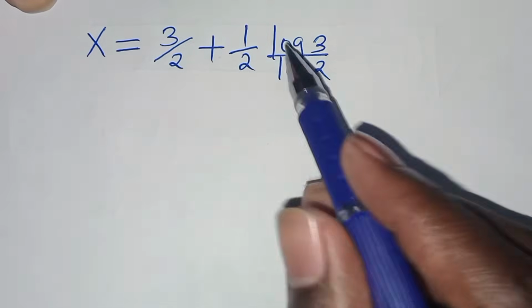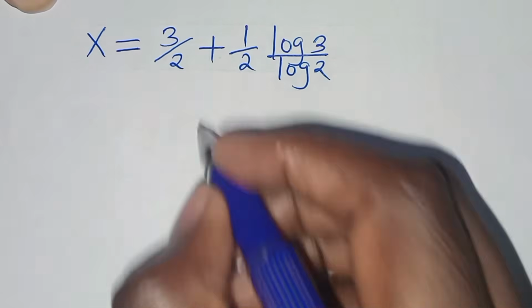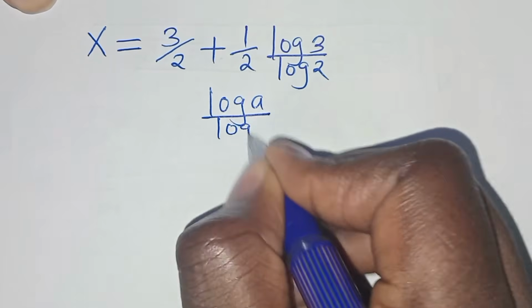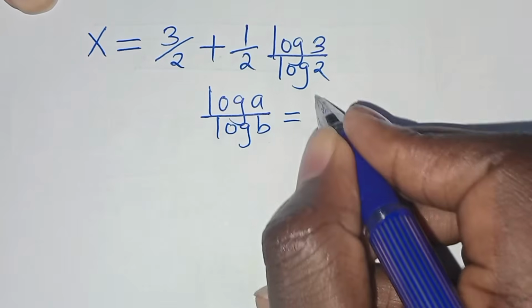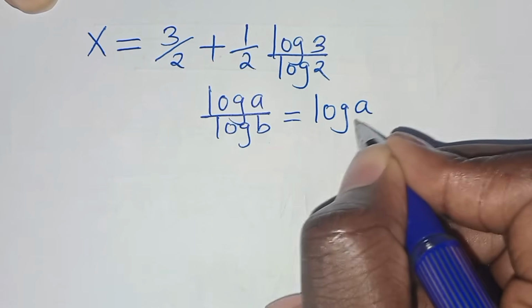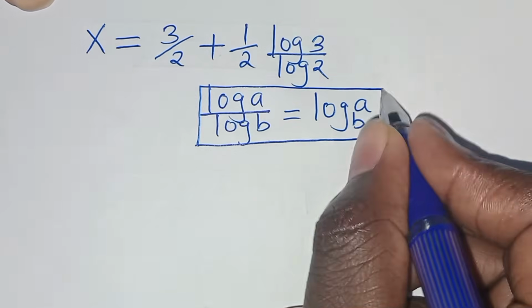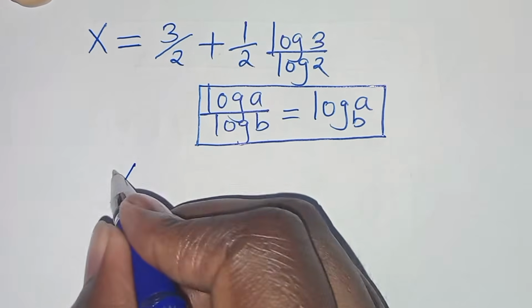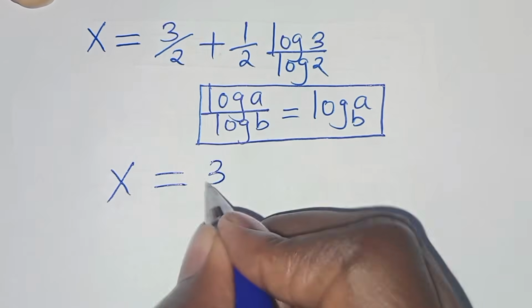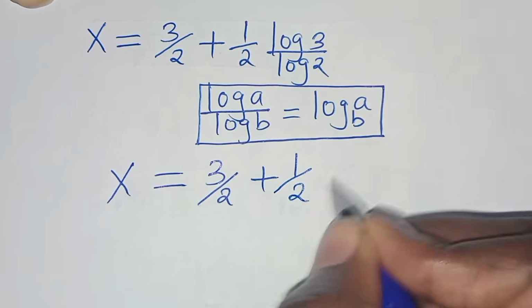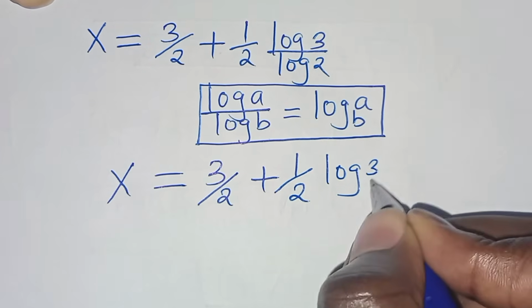So from here, log 3 over log 2 is in the form of log a over log b, which we can express as log a to base b. Let's apply this property so that now we have that x is equal to 3 over 2 plus half log 3 to base 2.